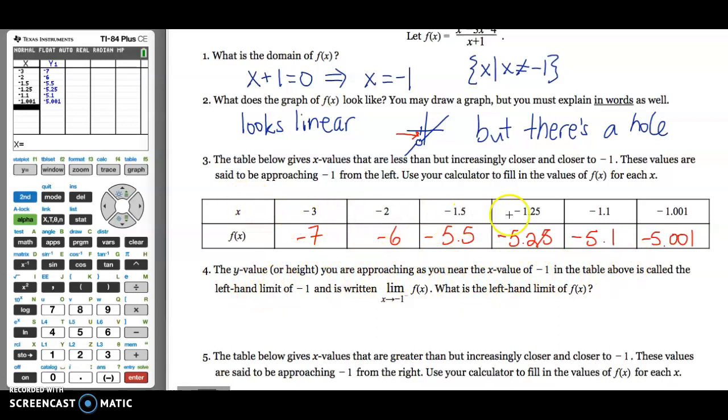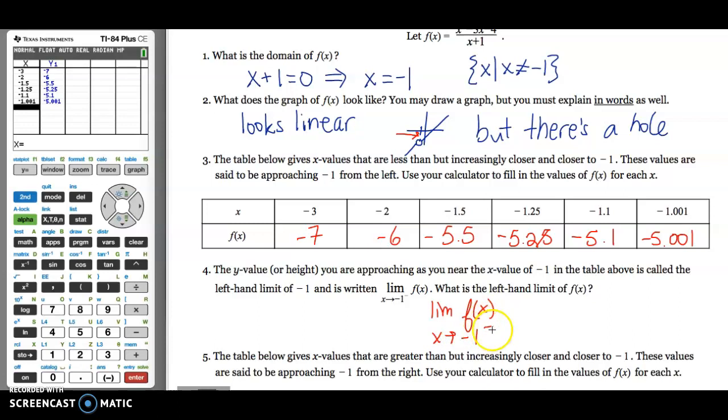So as my x values approach -1, what does it look like my y values or my function is approaching? So what would be the left-hand limit of f of x? Well, it looks like it would be -5, and so let's write it out with proper notation. I would write out the limit of f of x as x approaches -1 from the left-hand side.